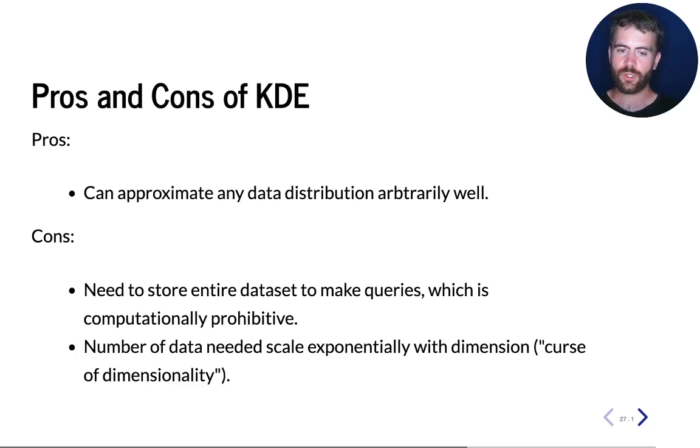But it is computationally expensive to work with a non-parametric method that stores the entire data set, and also the amount of data needed to scale these non-parametric algorithms scales exponentially, which is something we call the curse of dimensionality, and I alluded to this earlier. So in the next few lectures and videos, we are going to see some more sophisticated models for density estimation that will be parametric and that will address many of the limitations that are on this slide.